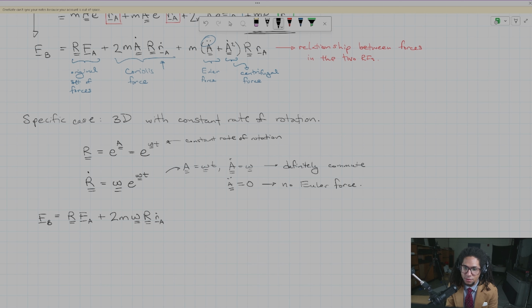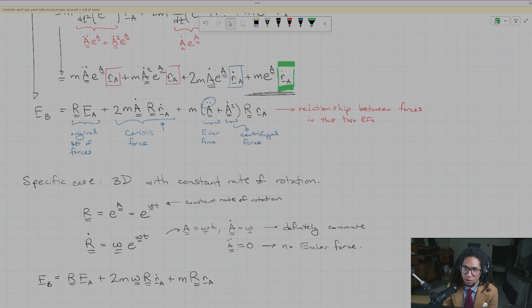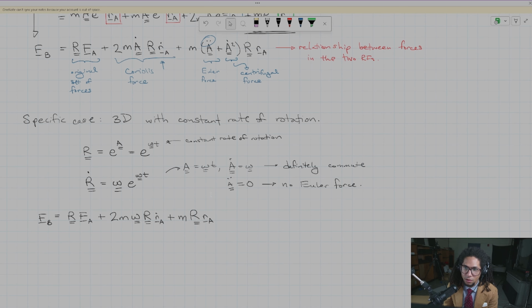Plus no Euler force in this case because a double dot is equal to 0. So we just get m times R of a, sorry, times a dot squared, which is omega squared.